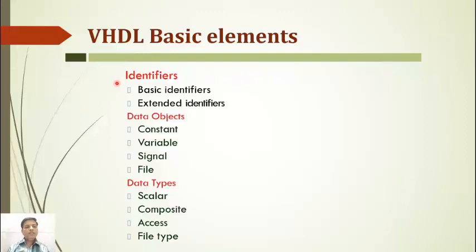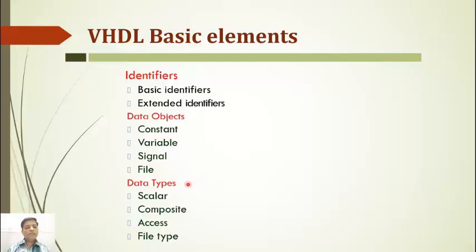In that, first point, identifiers. Two types of identifiers are there, basic identifiers and extended identifiers. Second, data objects. There are four data objects: constant, variable, signal and file.